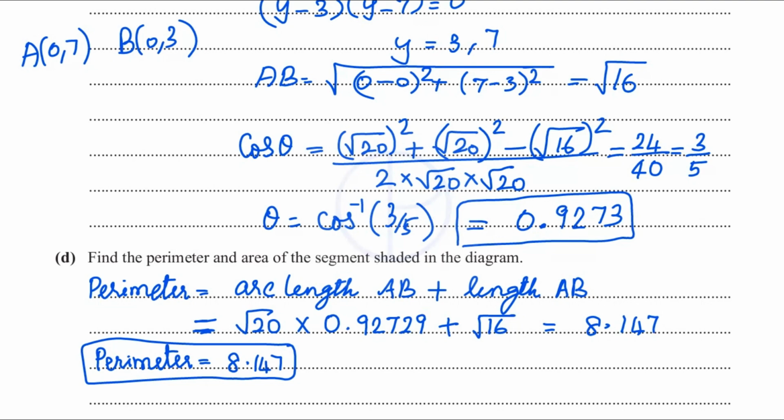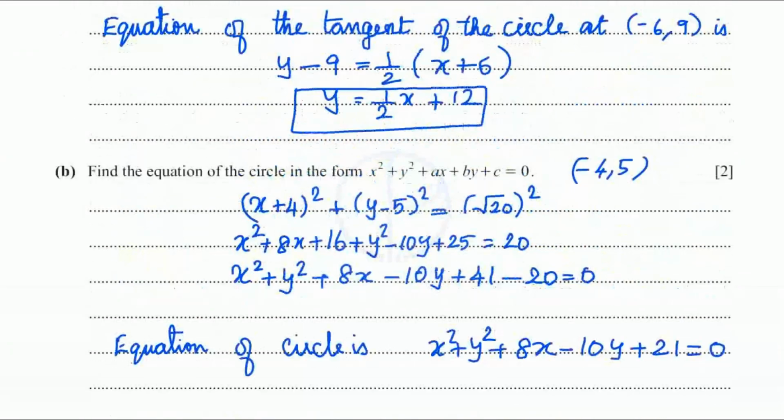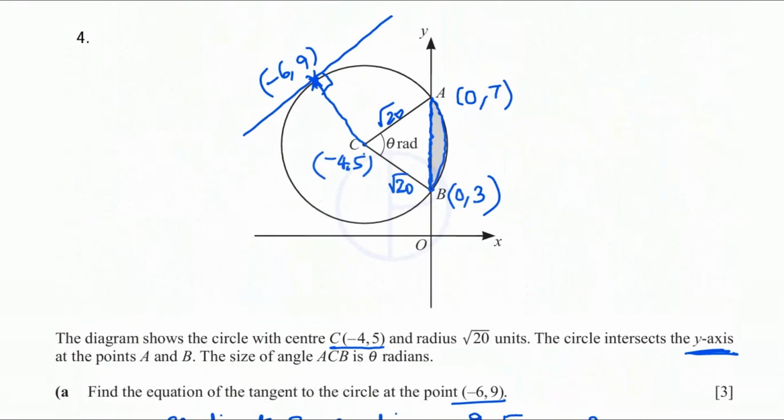So what is the area of the shaded segment? To find the area of the shaded segment, first find the area of this sector. From this, subtract the area of this triangle. Okay. So sector area minus the triangle area.